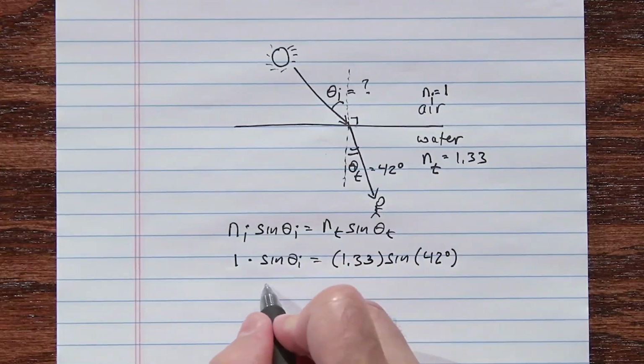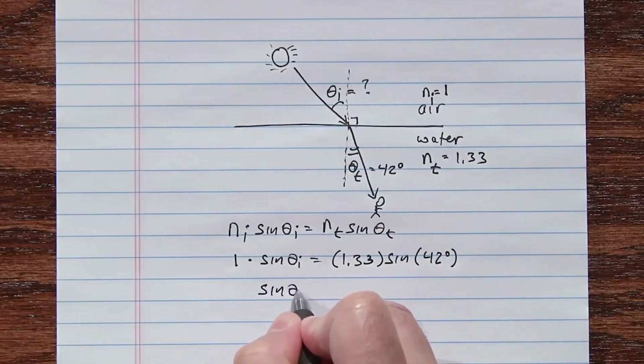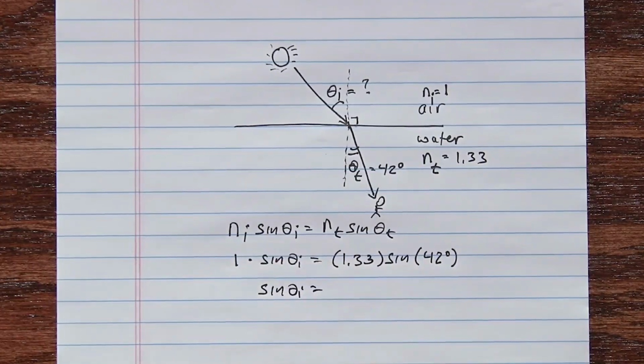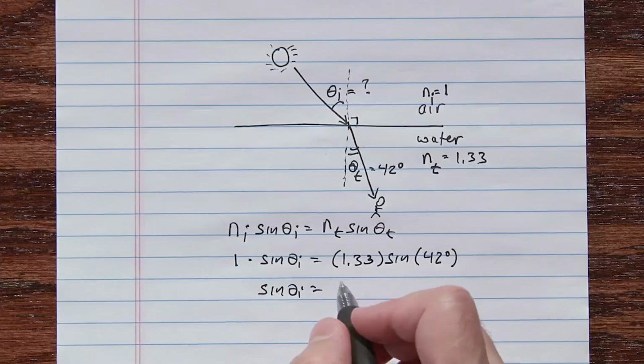And 1 times sine of theta incident is just sine of theta incident. And over here, 1.33 times the sine of 42 degrees is 0.890.